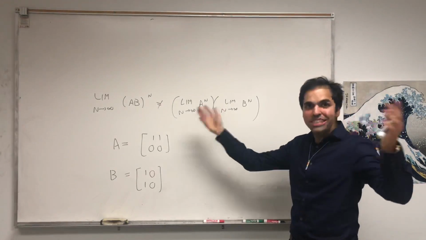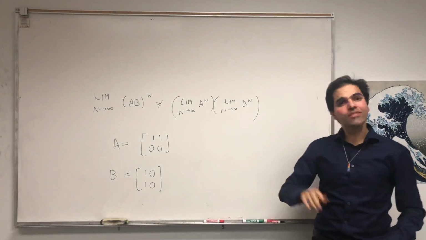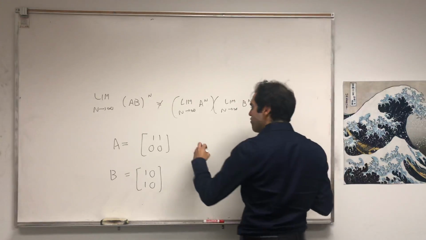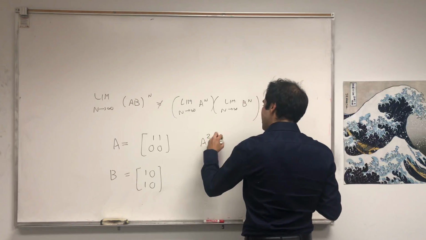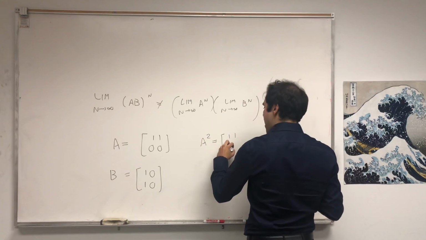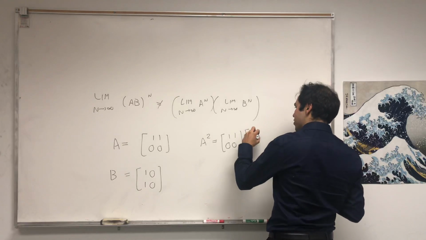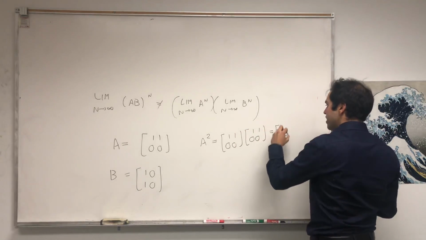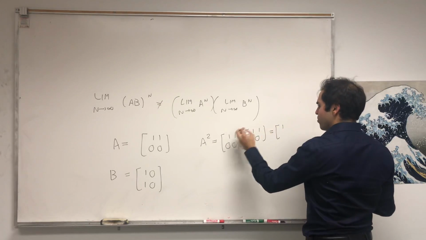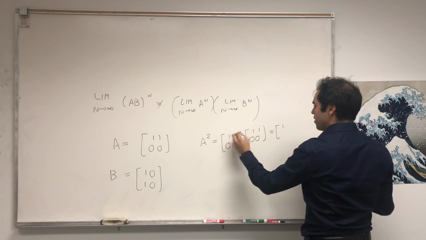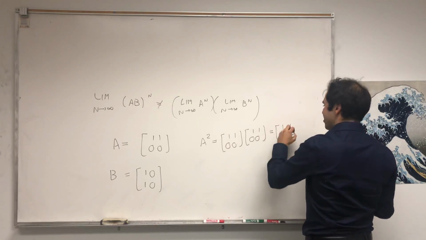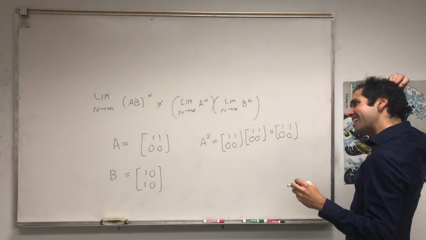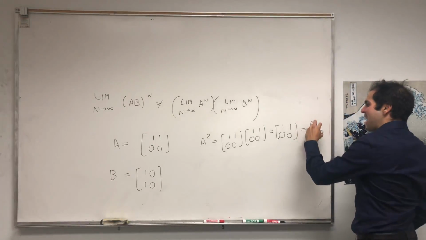Fortunately, we don't have to do any of that, because powers of A are very easy to calculate. A squared is AA, and if you calculate this, you get 1, 1, 0, 0. So A squared is just A.